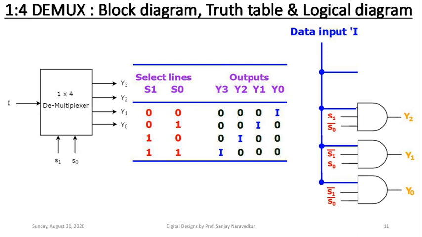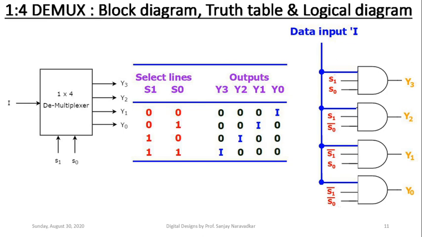And then the uppermost AND gate will be giving output Y3. Input I will be steered to Y3 whenever S1 and S0 both are 1, so accordingly the other two inputs connected are S1, S0.